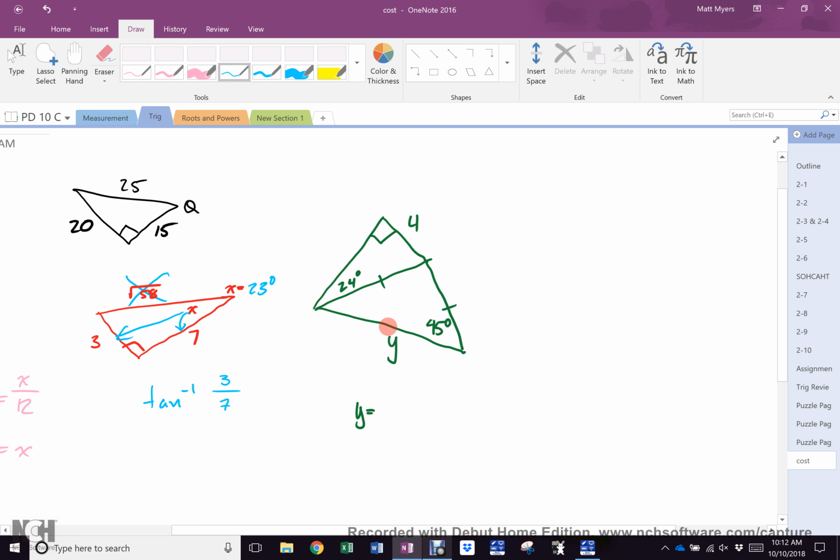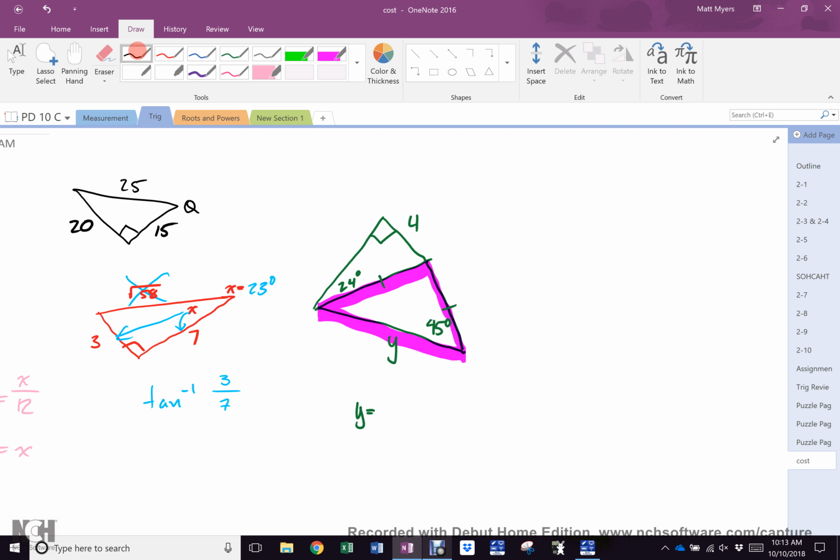Since I need y in this purple triangle, I must need two angles, or two sides, or an angle and a side. Do I have any of those? No, all I have is one angle. But I have prior knowledge, don't I?